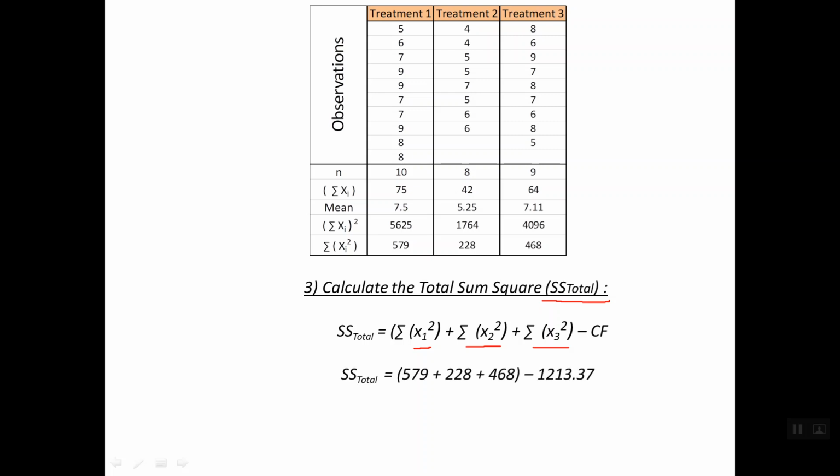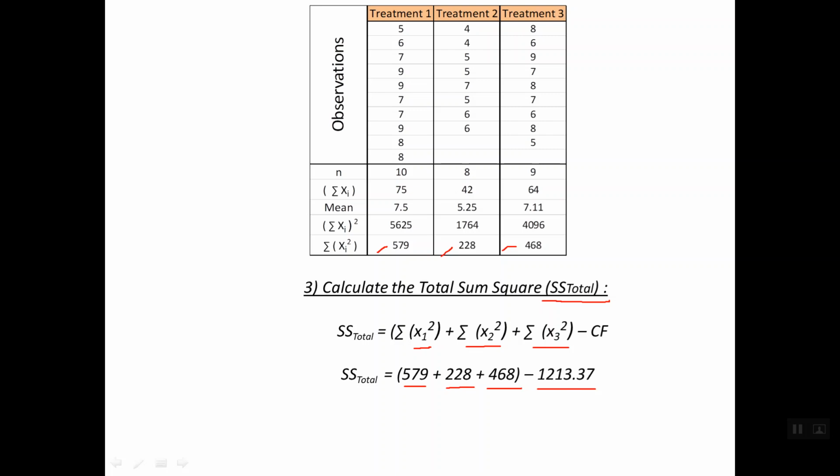So the summation of the squares for treatment number 1 is simply 579, as we see here from the table. For treatment number 2, it is 228, and for the third treatment, it is 468. We subtract from these summations the correction factor we have just calculated.